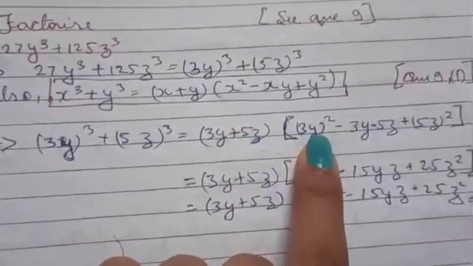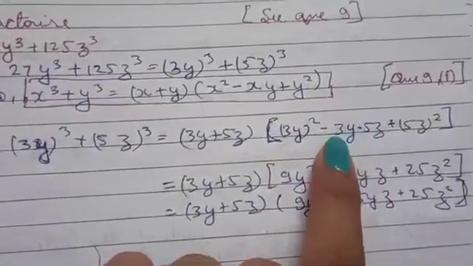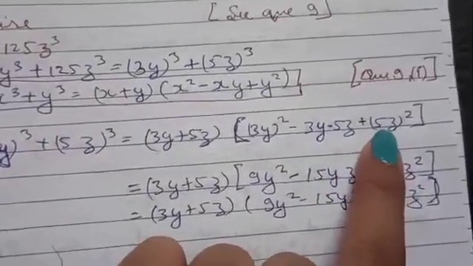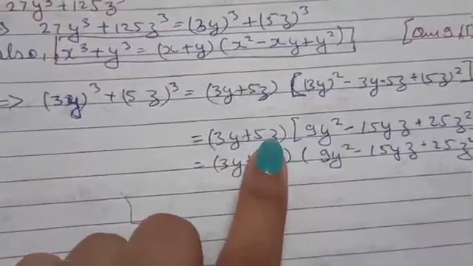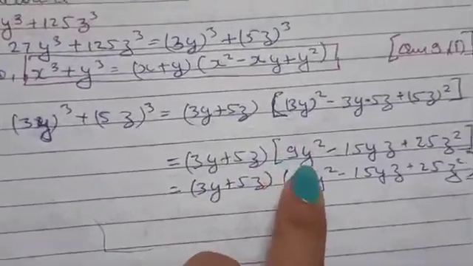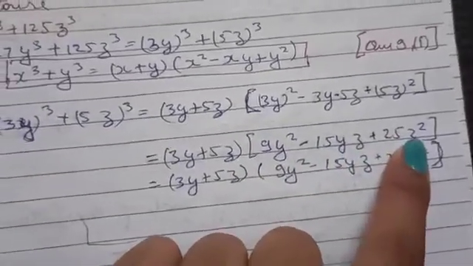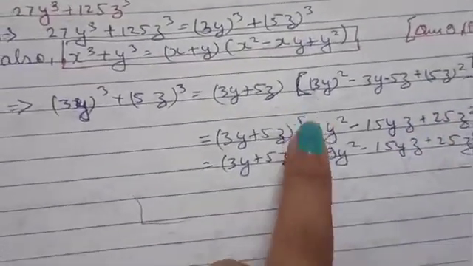Then x square is 3y whole square, minus xy is 3y into 5z, plus y square, in place of y square, 5z whole square. So its square will be 9y square minus 15yz plus 25z square, because square of 5 is 25, and square of 3 is 9.